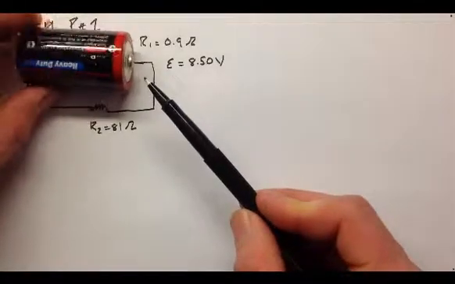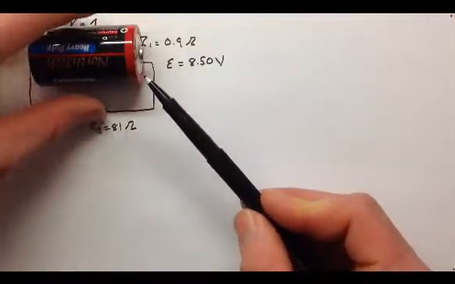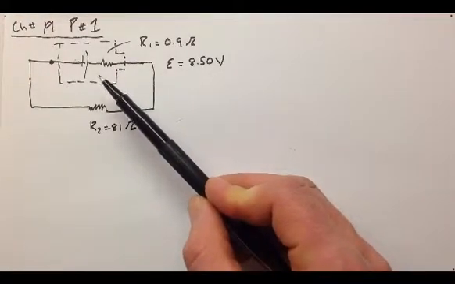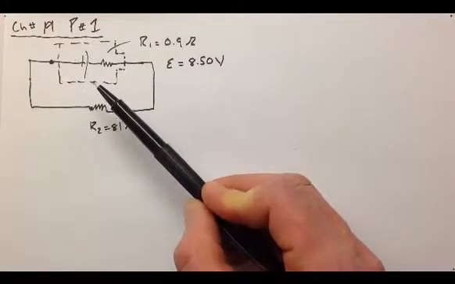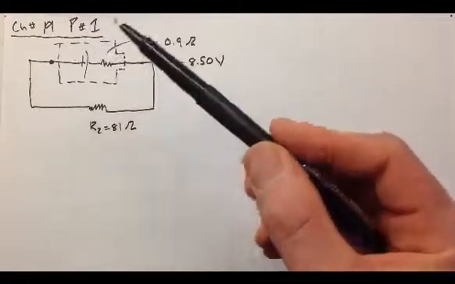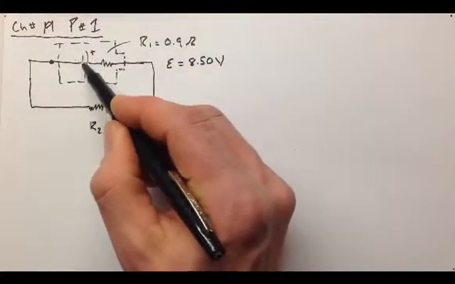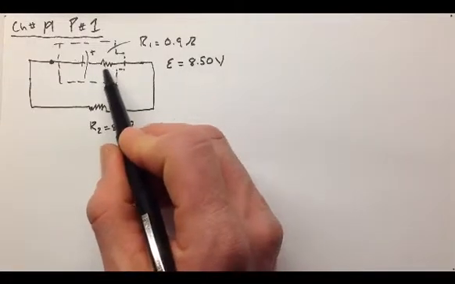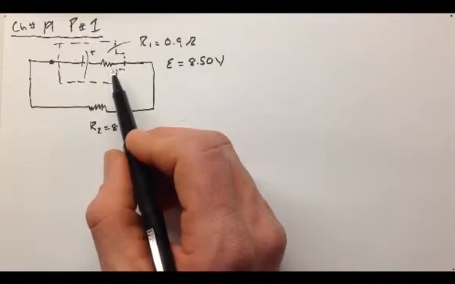So here I have a battery, right? Batteries are not perfect things like physicists sometimes want them to be. The way we model how imperfect they are is we say that batteries have a perfect voltage source, or EMF, and then an internal resistance.